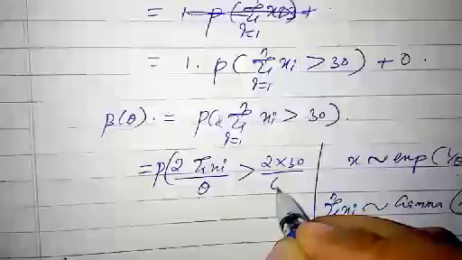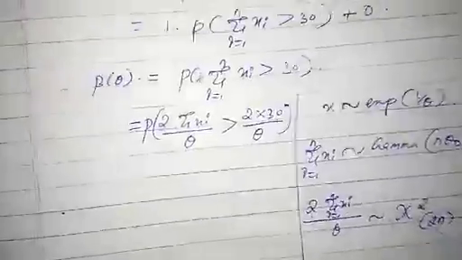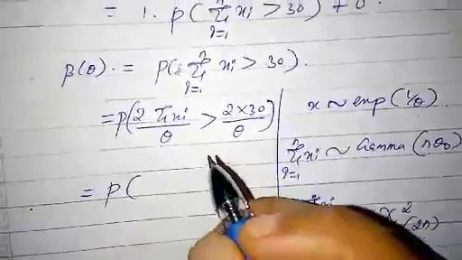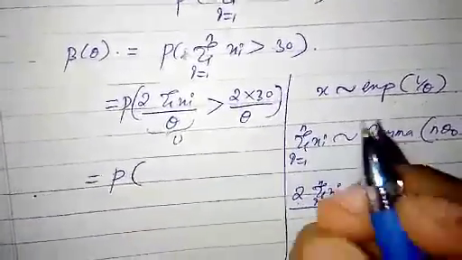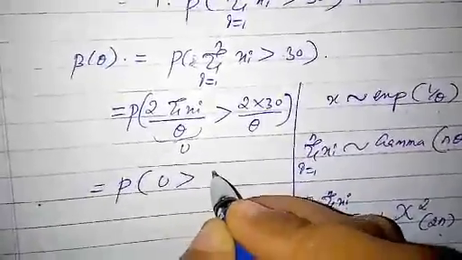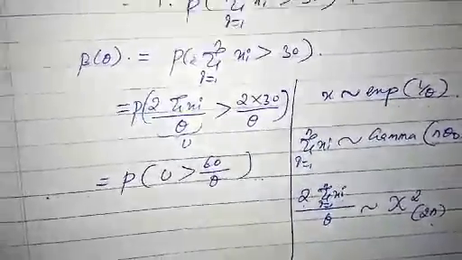This is equal to probability of u greater than 60 divided by theta, where we take this term as u. Understood?